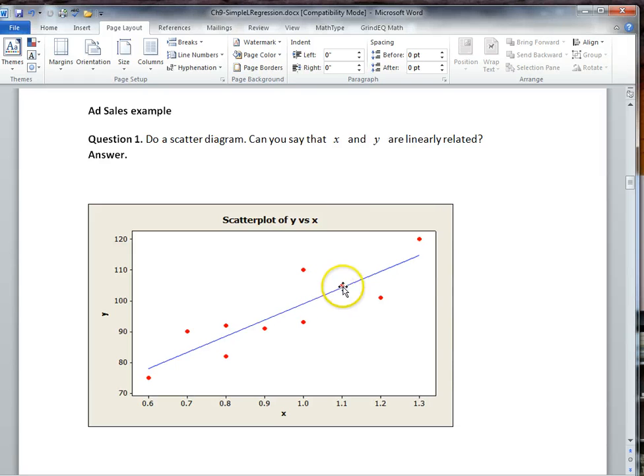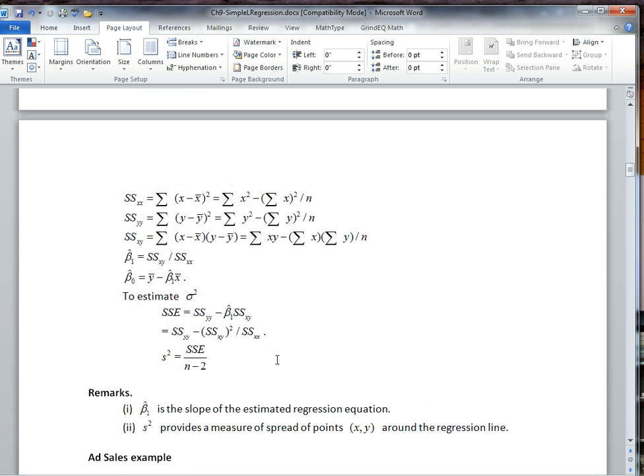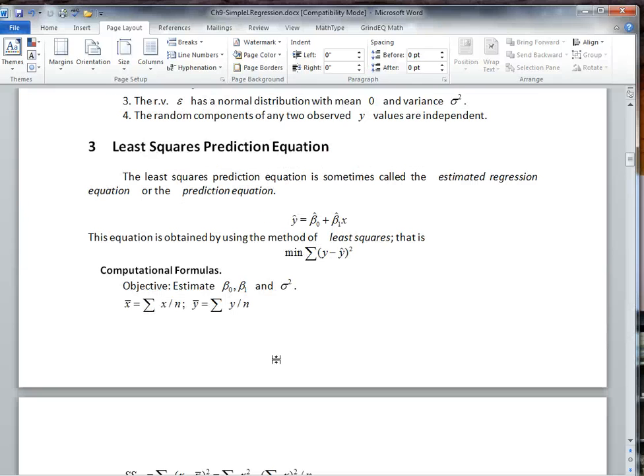Square that difference and add them up, and I want to minimize them, which basically means keep moving that line and keep recalculating those errors, adding them up until I get the smallest possible value. And once I get that, the corresponding parameters will give me my best fit equation. Okay, so that's the idea.